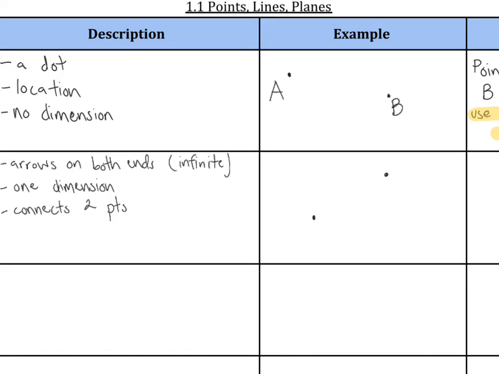So I have 2 points here. Make sure you give them names. I'm going to call this one C, and that one D. Then I'm going to connect these 2 points with a line with arrows on the ends. Again, this is to signify that it continues to grow forever and ever.